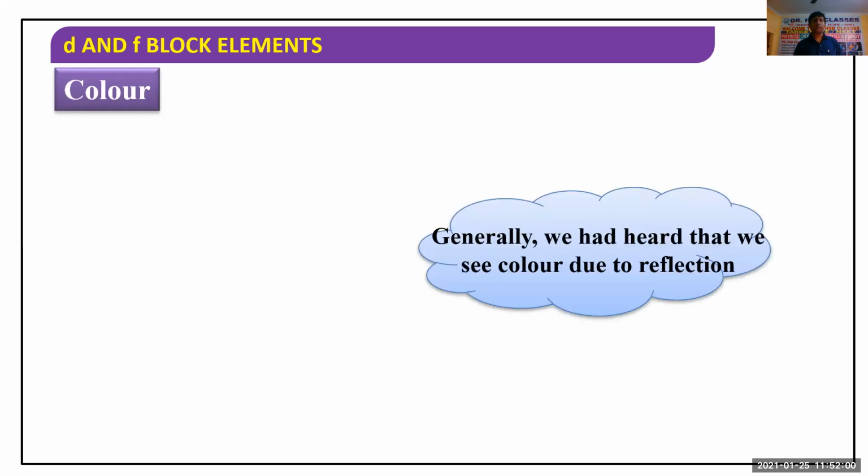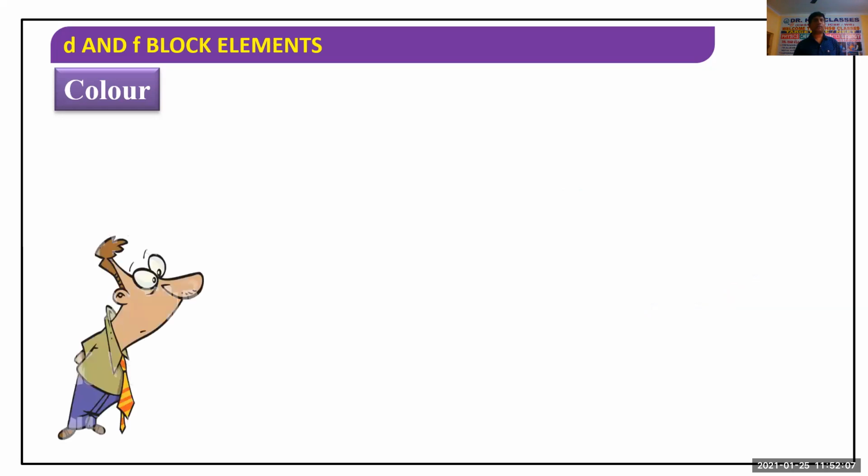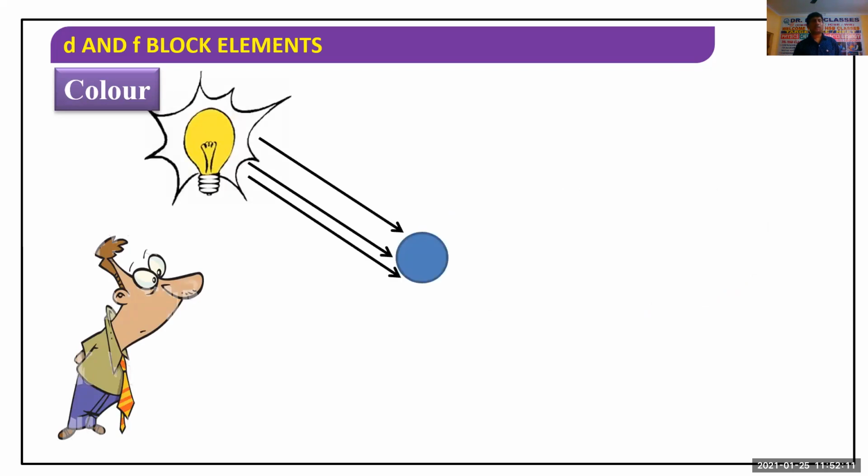Generally, we have heard that we see color due to reflection. That's when from the bulb, light comes to this point and is reflected towards the eyes.